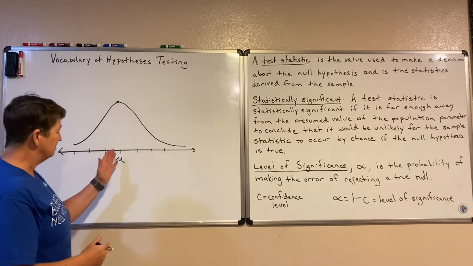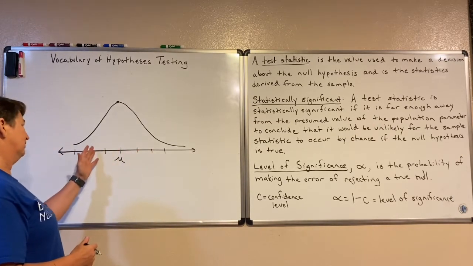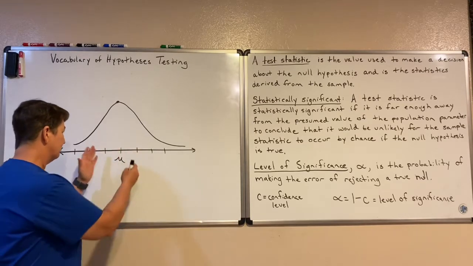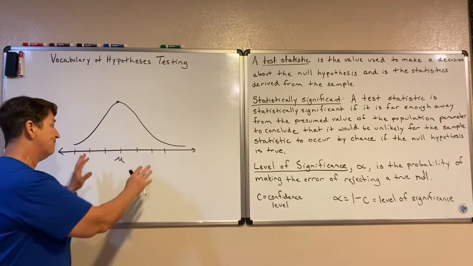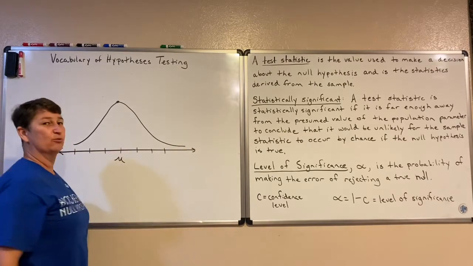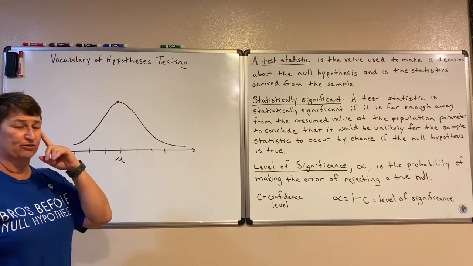So we expect it to maybe be a little bit bigger or a little bit smaller, but we expect it to be within 3 standard deviations for sure from the mean. If it's further out than that, then we go, there's something really weird happening.